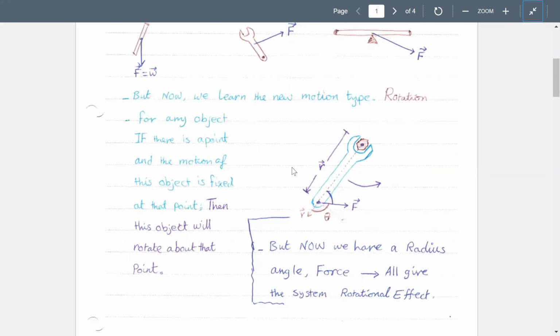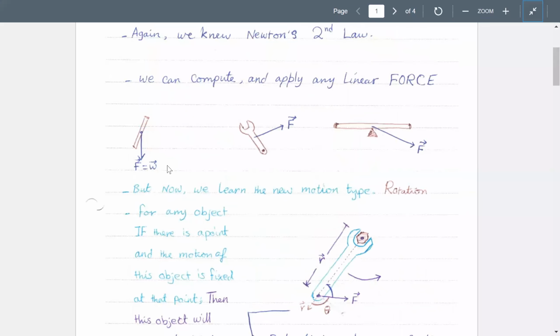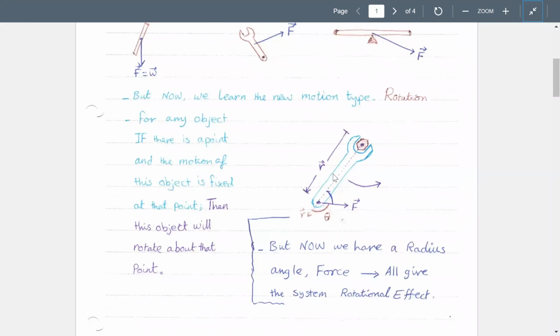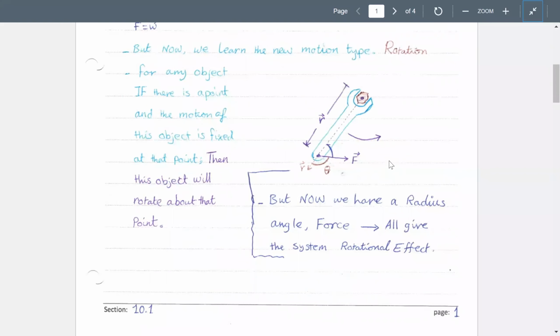But now we have a rotational effect. The rotational effect means we have a rotation about a center, as we saw before. Here we don't have any rotation. Even if you see I put some centers to rotate about, we don't have these rotations. Here we need to start thinking about this rotational motion.